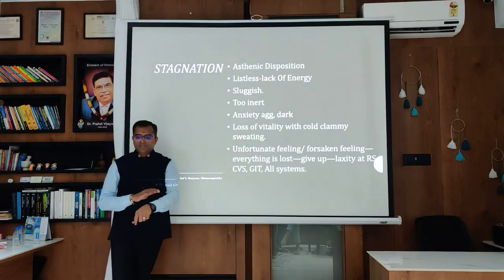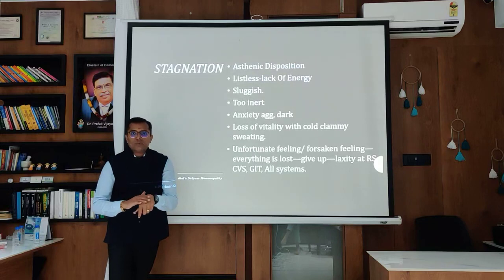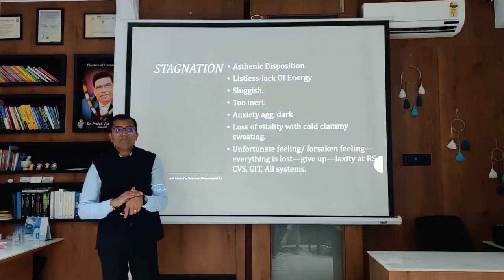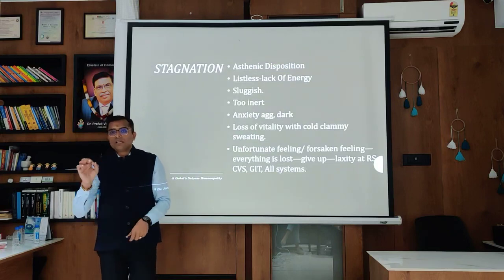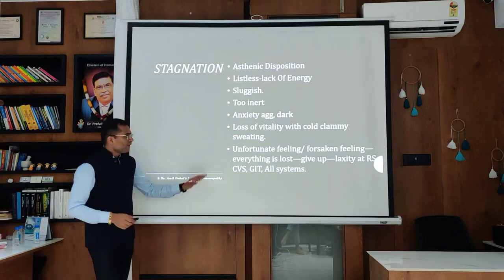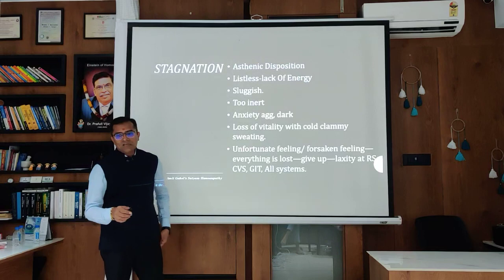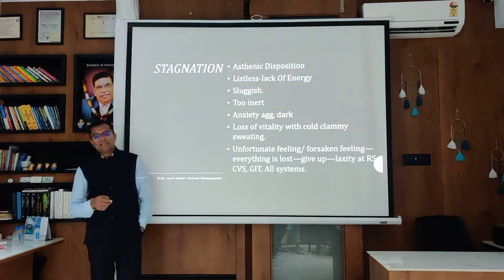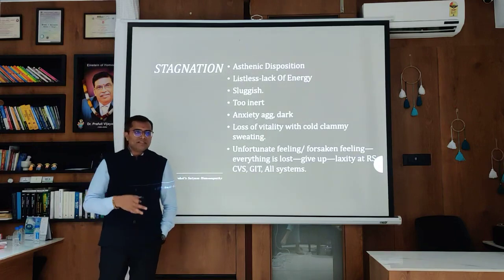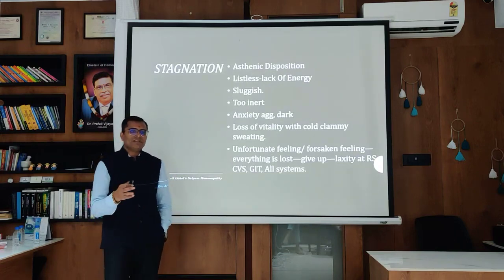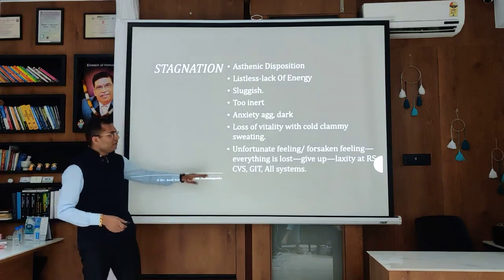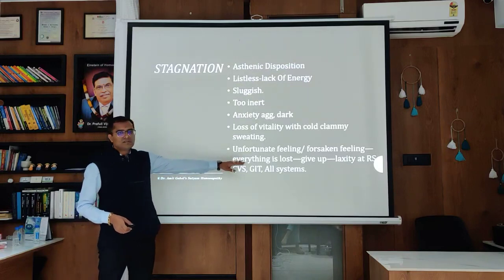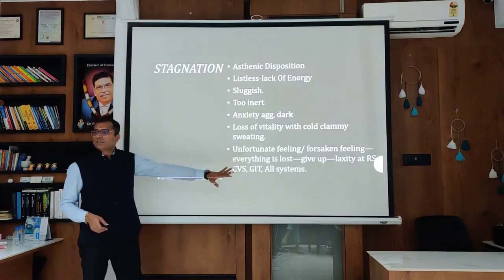Clammy means when you touch the person, you feel wetness, coldness and wetness. This is called cold and clammy sweat. Forsaken feeling, everything is lost, given up, laxity at the respiratory, CVS and GIT and all systems. This is the forsaken feeling, everything is lost, finally landing into the syphilitic state.